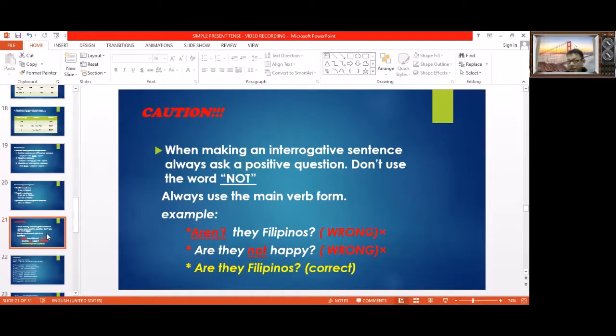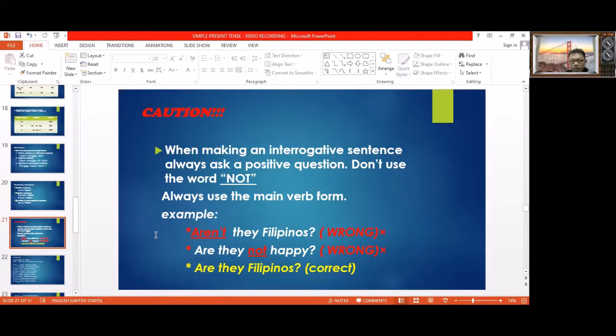So please remember that. And always use the main verb form or the base form of the verb, okay? Like here, look at the example. Aren't they Filipinos? It sounds correct, but that is not the right way.